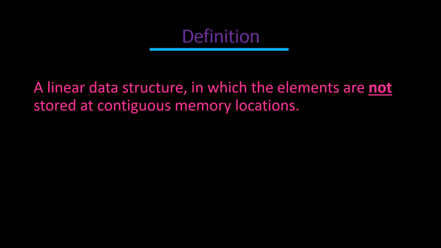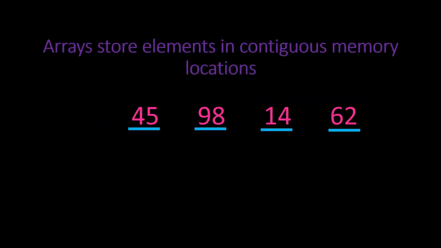Another common linear data structure is an array, which leads to the question, when would you use an array versus a linked list? So let's first talk about what an array is. An array is a linear data structure whose elements are stored in a contiguous memory location. And there are some pros and cons to this feature of arrays.